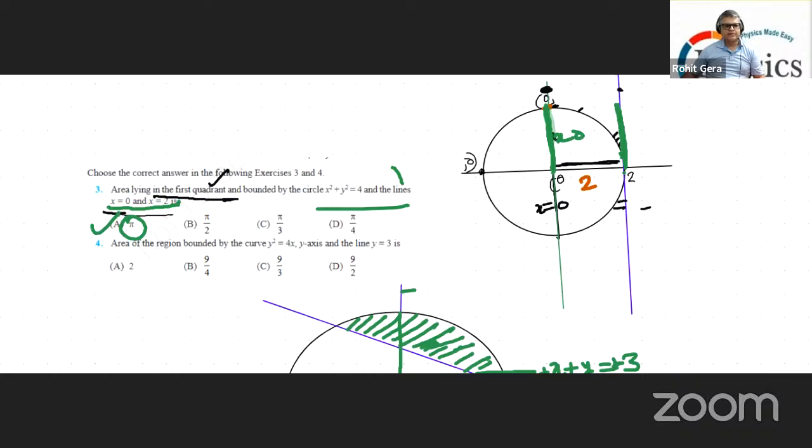Okay, question number 8.1, third, is 5/4. So first quadrant, not first quadrant. 5/4.